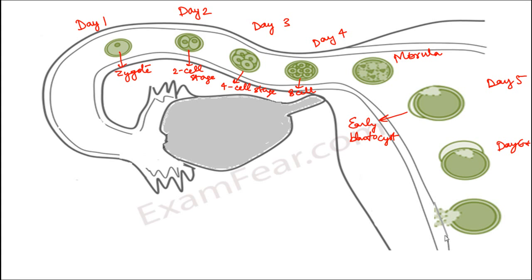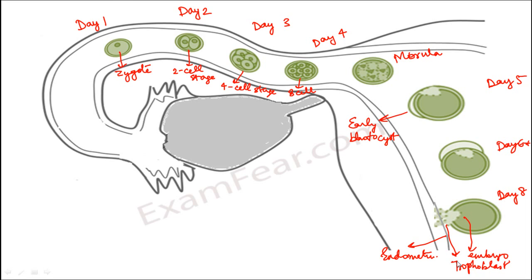So this is the endometrium. Right, and this outermost layer is the trophoblast, and the innermost layer will form the embryo. So the embryo will be formed inside, and the outer layer which actually forms this is the trophoblast of the blastocyst, and this implantation happens around day 8.